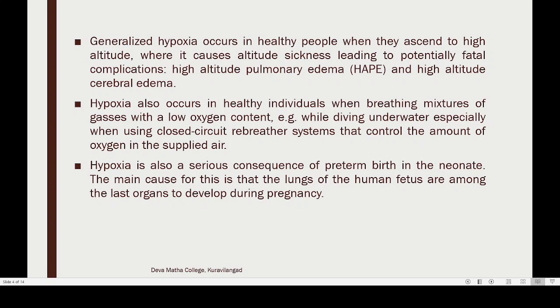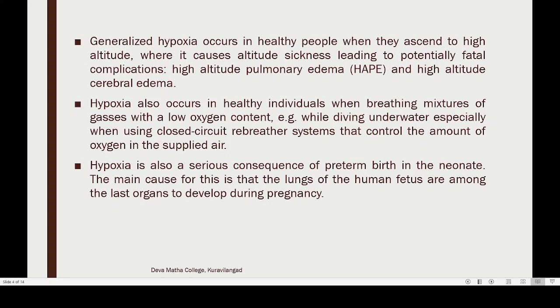Normally the entire body might have developed and formed, but the lungs are the last part to develop in a child. So if a child is born early, the lungs may not have reached complete development, so the child won't be able to take atmospheric oxygen. That is the problem of preterm birth.